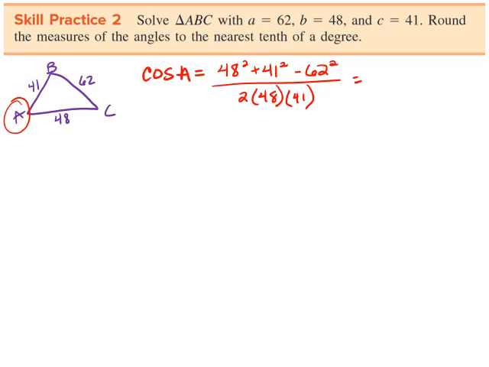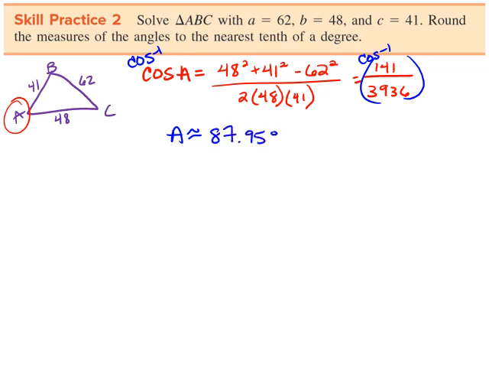When I plug the numerator into the calculator, I get 141. Plugging the denominator in, I get this. So to solve for A, I will take cos inverse of both sides. And A is approximately 87.95 degrees.